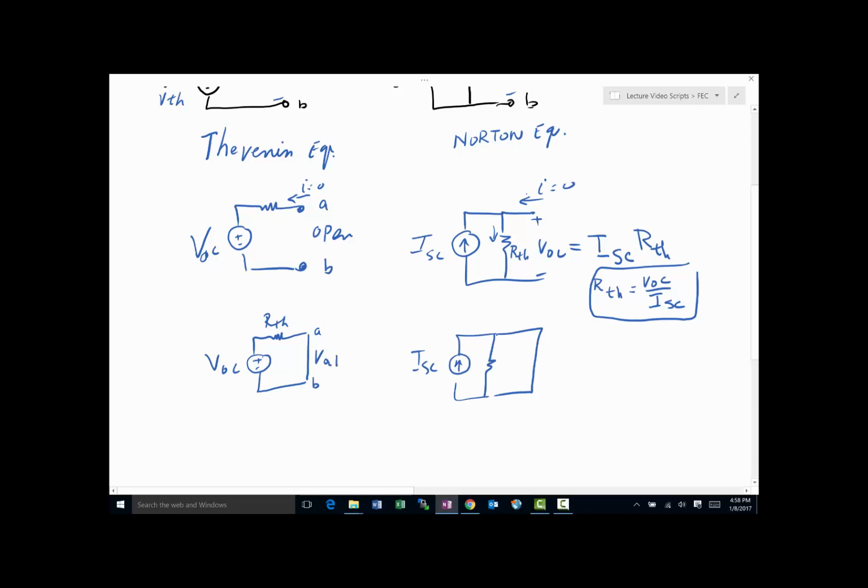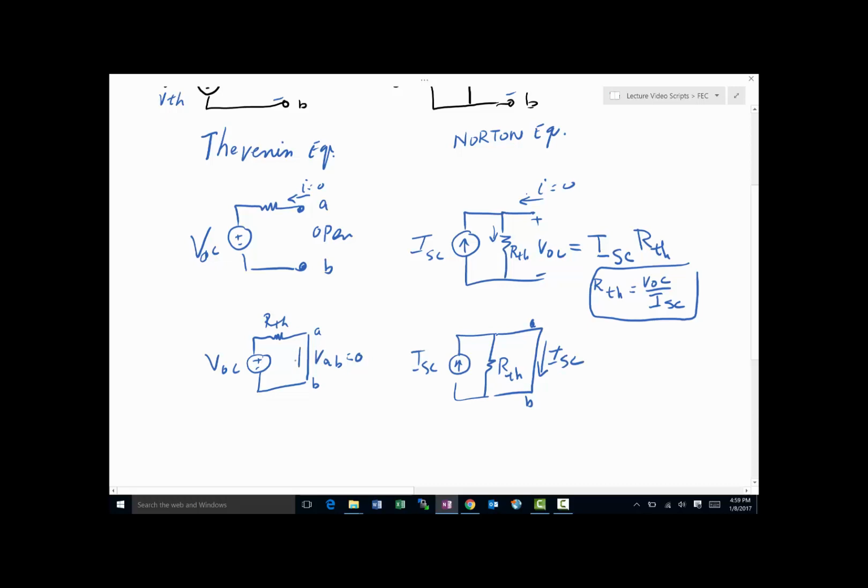VAB is equal to 0, and so I expect that when I do this here, the current that flows through here, since this R Thevenin is not 0, all this current will find the easy way out, so this is going to be I short circuit.